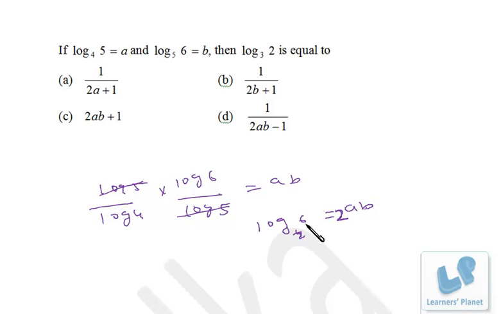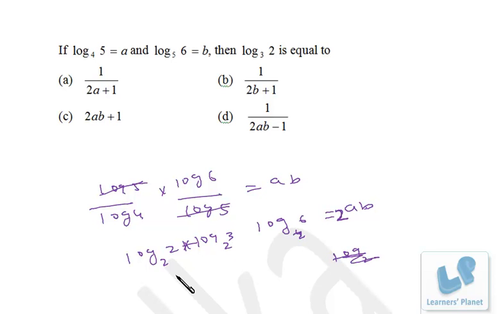Now this 6 can be further broken into 3 into 2, right? So log of 2, but we want 3 to be in base, so first I write log 2 to the base 2 plus log of 3 to the base 2, right?